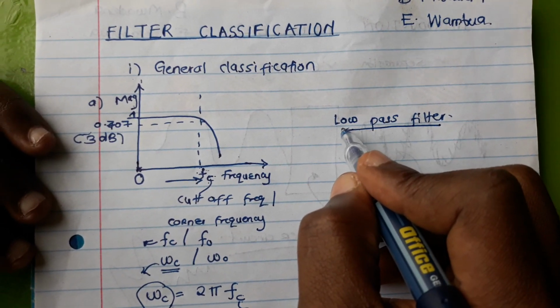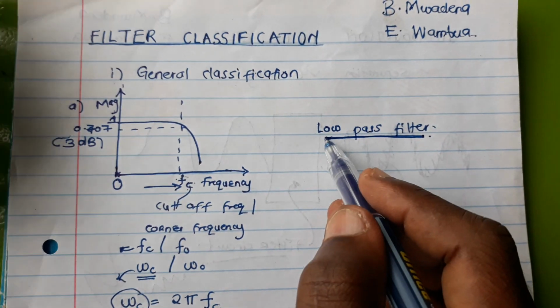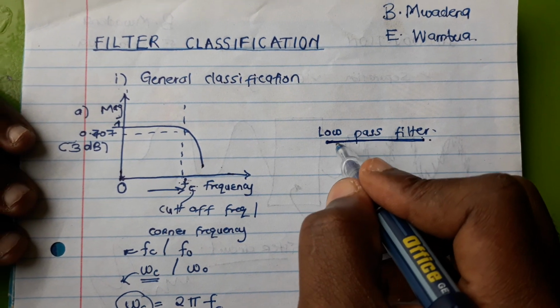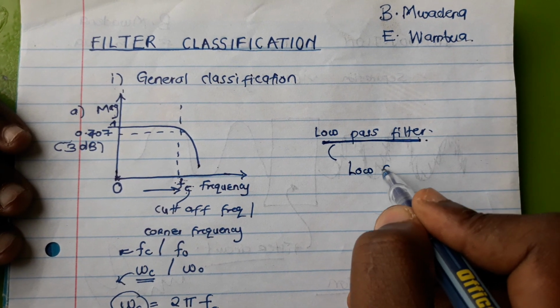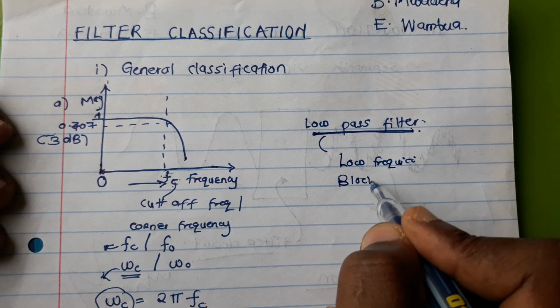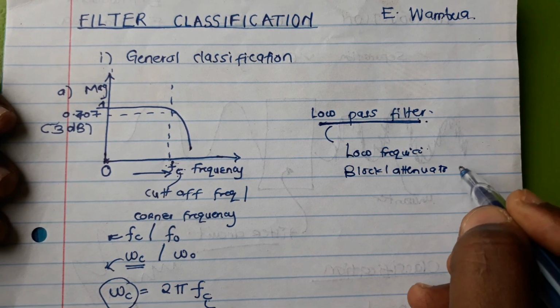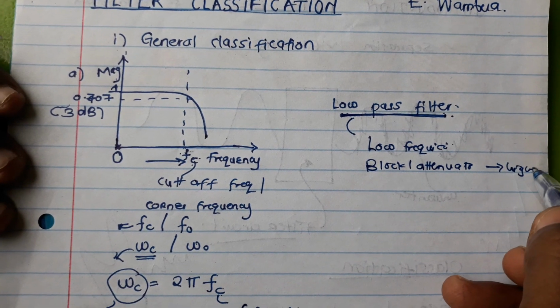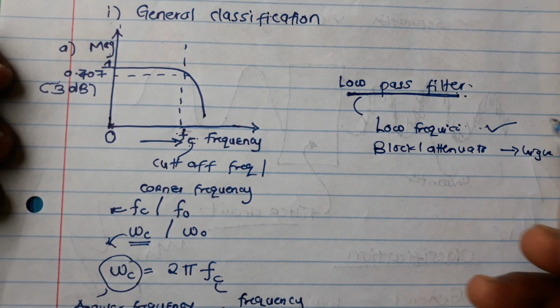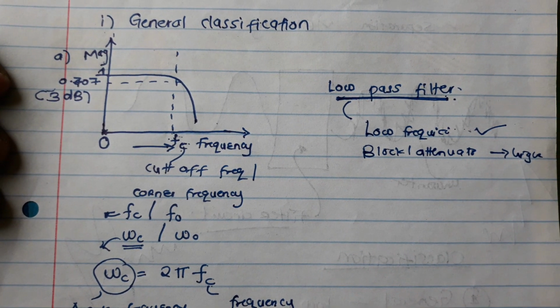Let us first explain what a low-pass filter is. From the name, it implies that it allows low frequencies to pass, but blocks or attenuates higher frequencies.